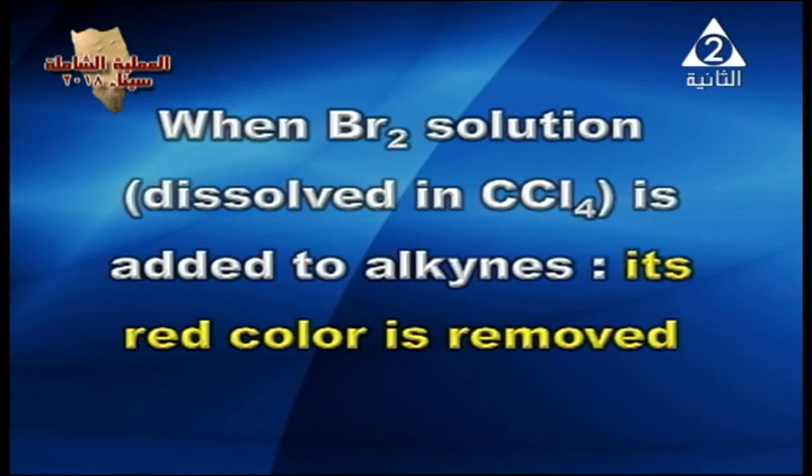Here, my dear student, when bromine solution is added to acetylene, the acetylene gas breaks the pi bond in it, and the bromine molecule that has a red-orange color will lose its color, as the following animation will show.